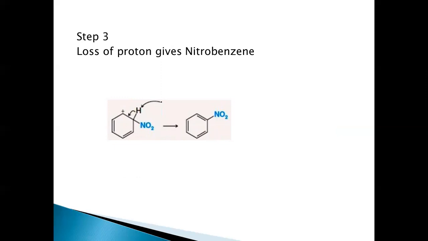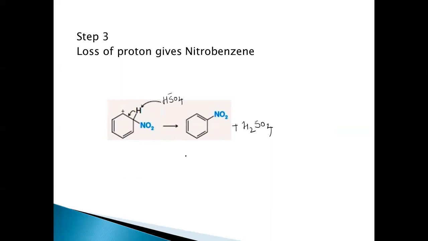So the proton is lost to the HSO4 minus, giving back H2SO4, and giving you the nitrobenzene.